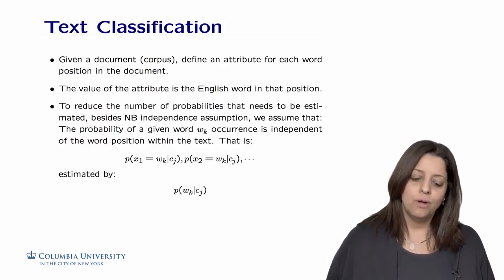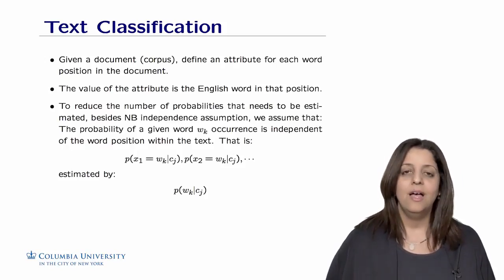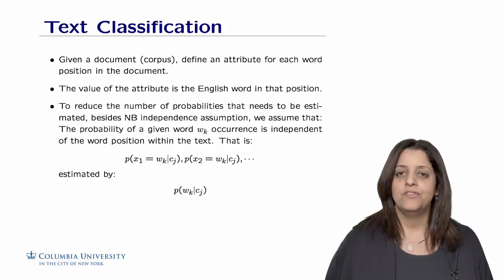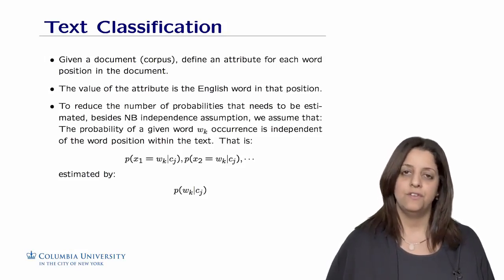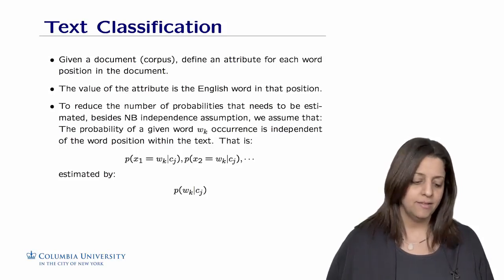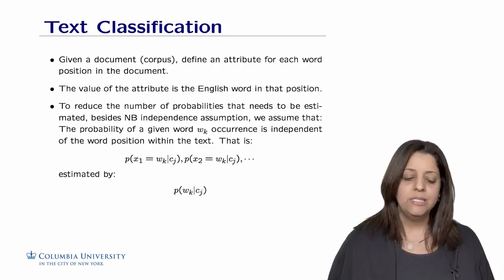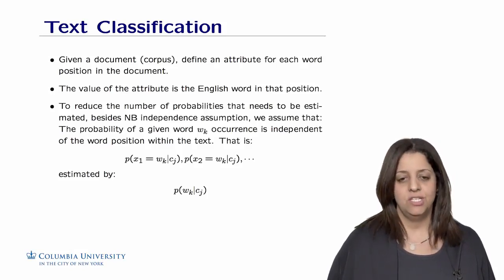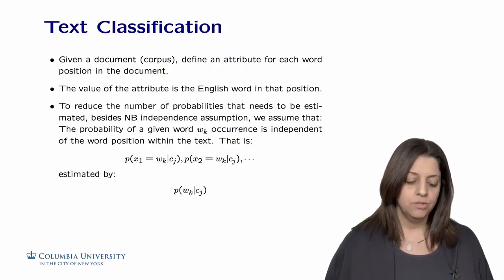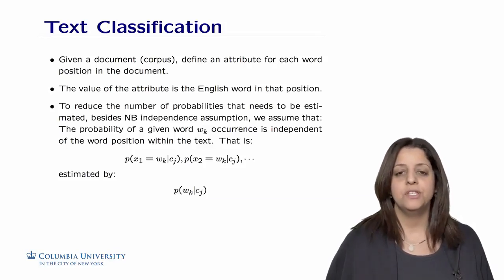To reduce the number of probabilities that need to be estimated from the document, besides the naive Bayes assumption of independence of the different feature values given the class label, we are also going to assume that the probability of a given word, WK, occurrence is independent of its word position in the text. In other words, we are going to give up the position of the words and the order of the words in the document.